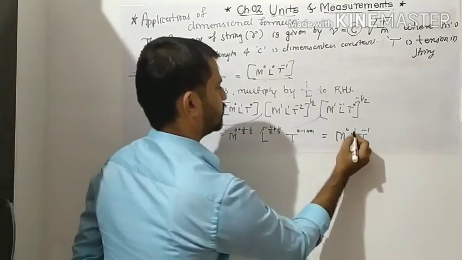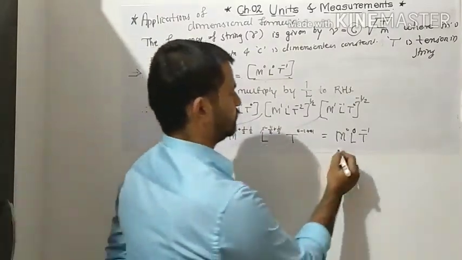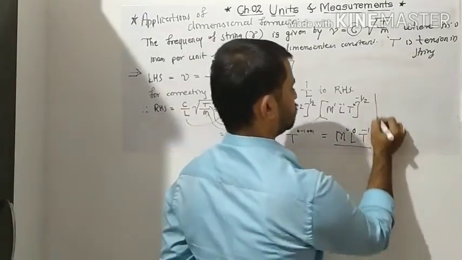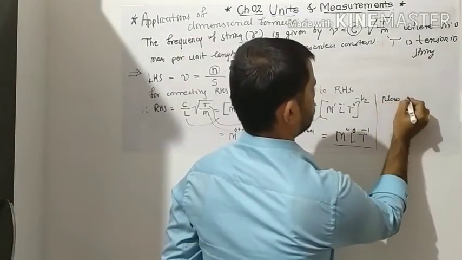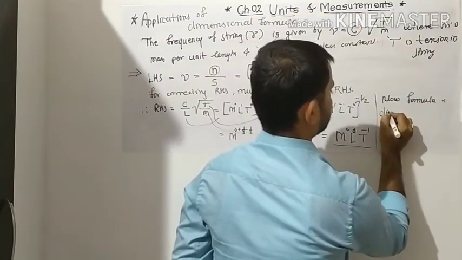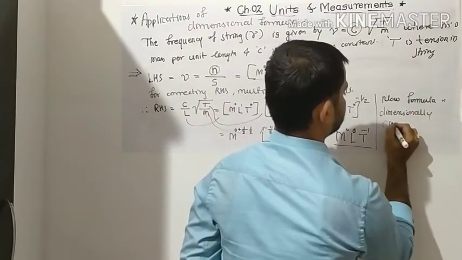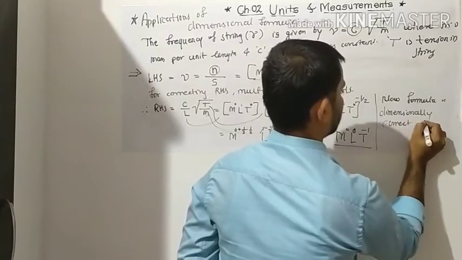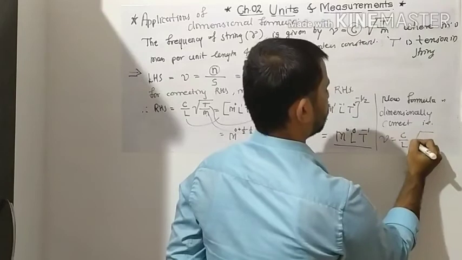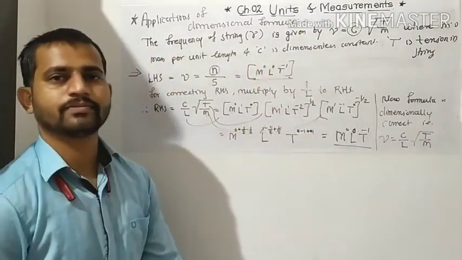This will get cancelled, and this will also get cancelled here, 0. Okay, so we get this RHS now. So now the formula is dimensionally correct. That is, nu is equal to C by L under root of T by M. This is the correct formula.